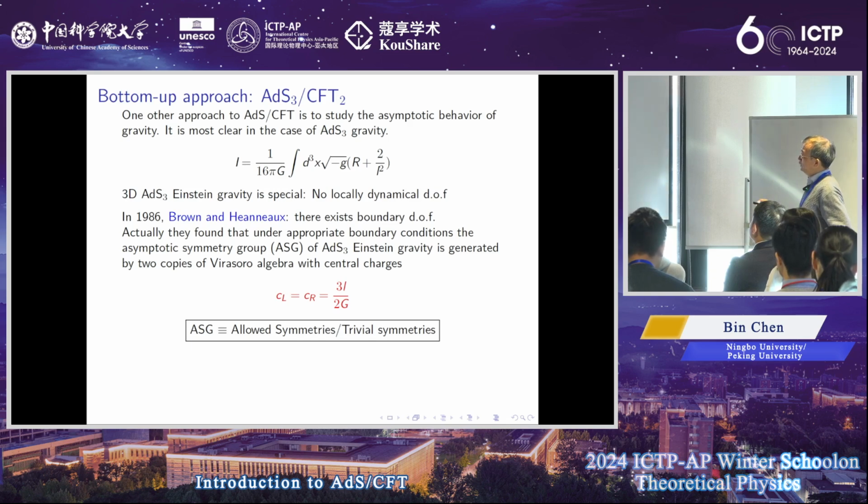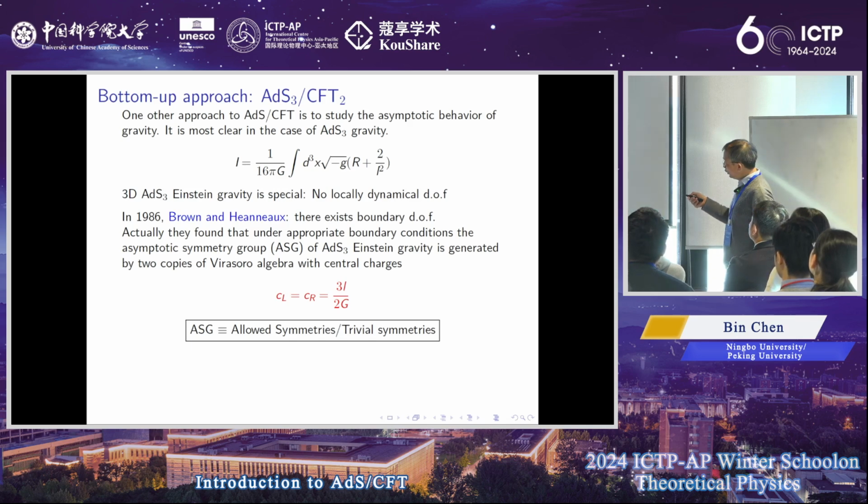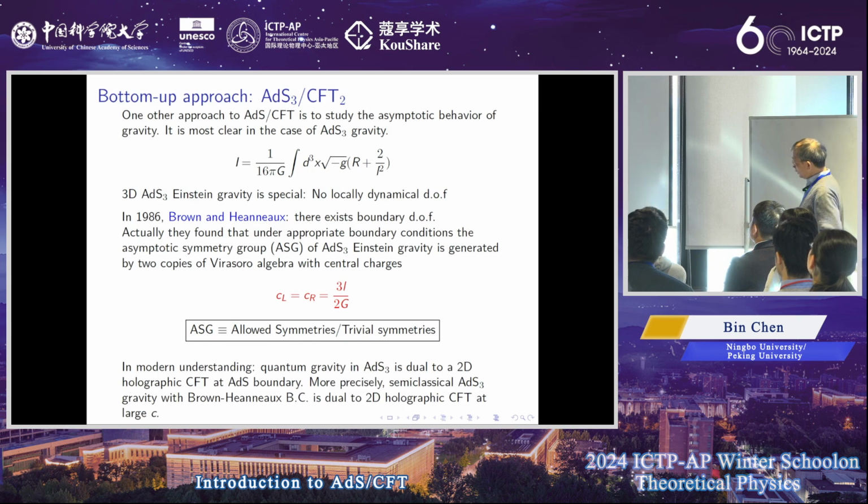It's generated by two copies of the Virasoro algebra with this central charge, and for the relation between the central charge and the gravitational coupling constant, you will need something quite interesting. In modern understanding, one can say that quantum gravity in AdS3 is dual to a two-dimensional holographic CFT at the AdS boundary.